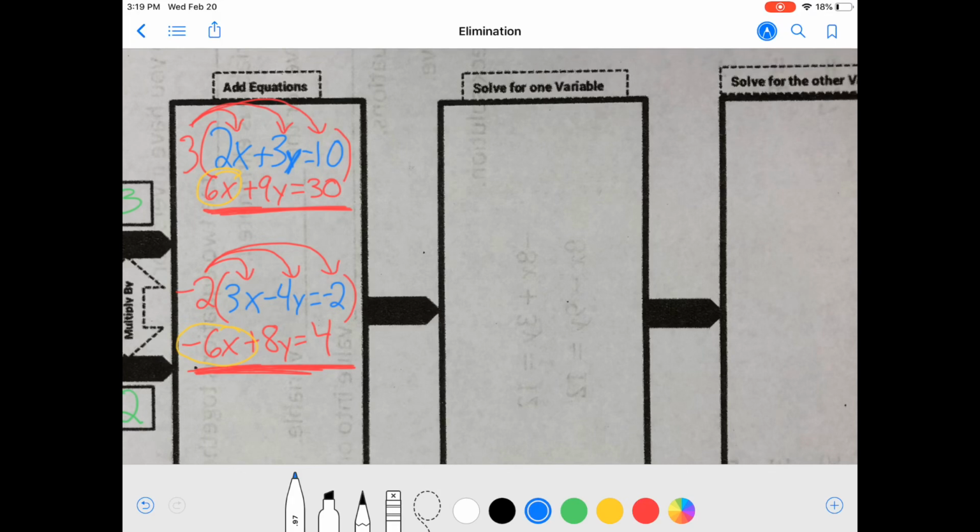So let's do 6x plus 9y equals 30, and negative 6x plus 8y equals 4, my bad.